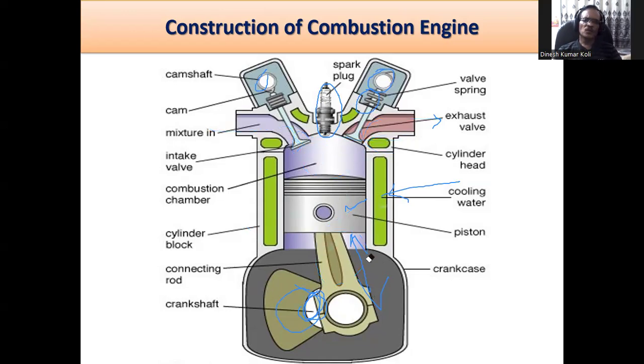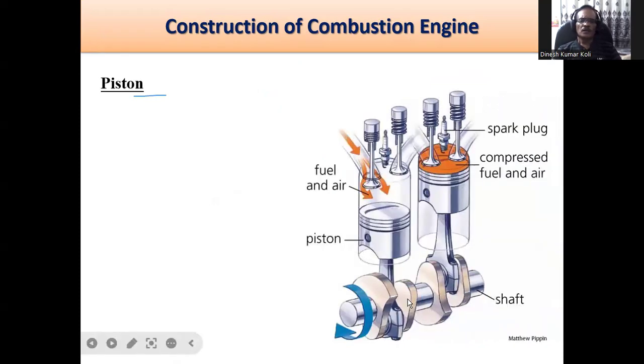Now we will go for the operation of this petrol engine. So here you will understand the different parts of the engine again. Here in this diagram, you can see there is a clear picture.